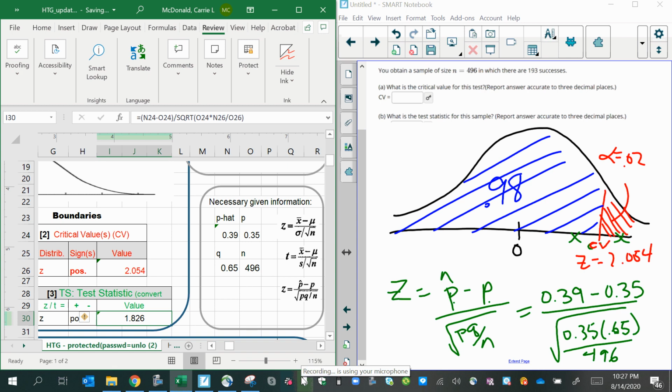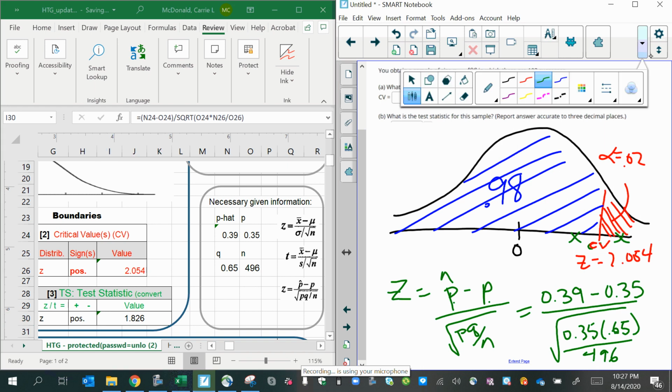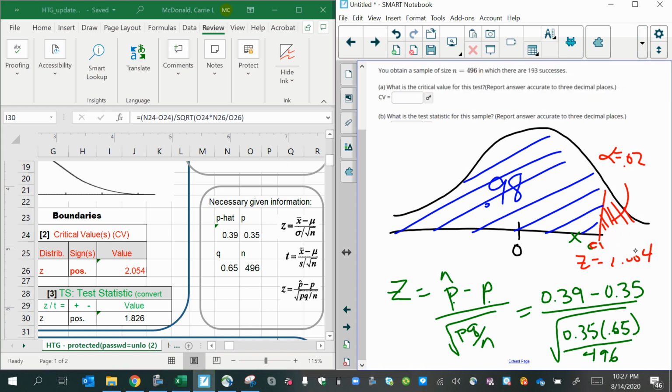So my test statistic of 1.826, that actually fell outside of the rejection region. So I'm going to fail to reject the null hypothesis.